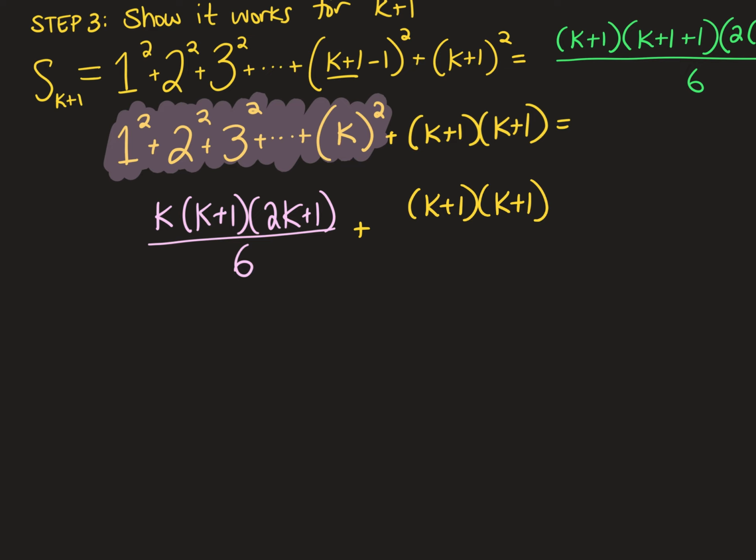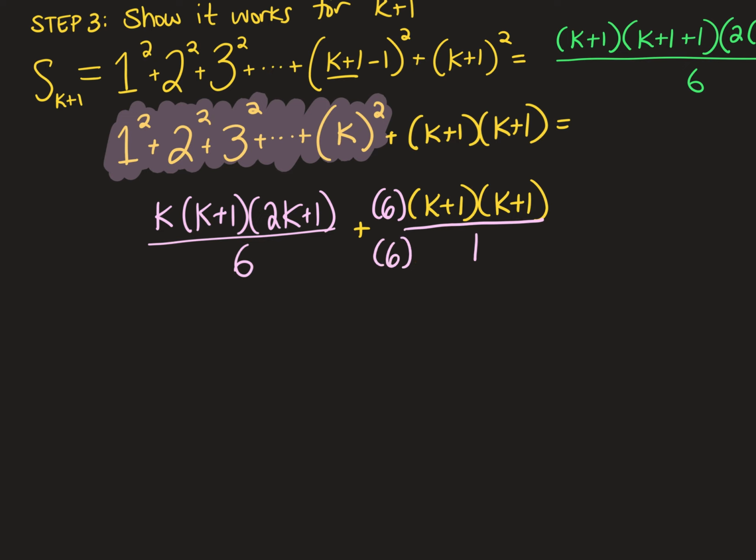It's just like our trig proofs. We've got to focus on one side at a time. So what I want to do here is add those two things that I have on the left side together. The only way I can do that is if I have a common denominator. So if I think of this as being over 1, I'm going to have to multiply this by 6 over 6.